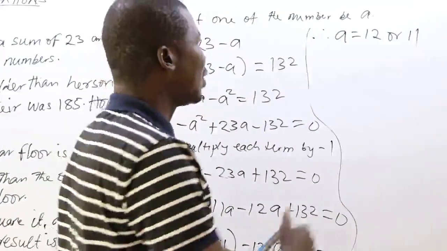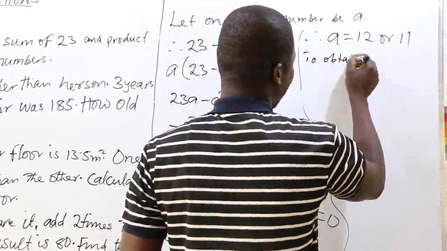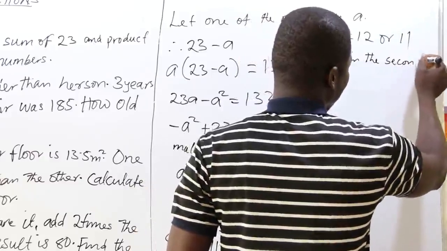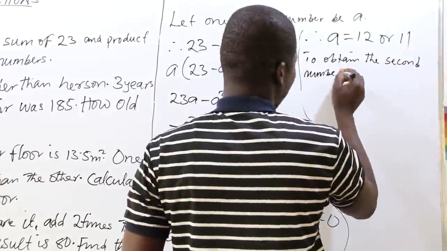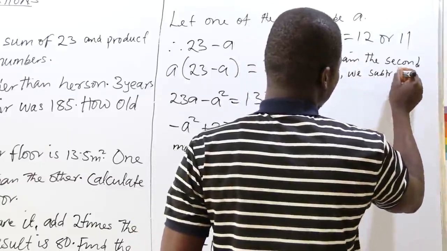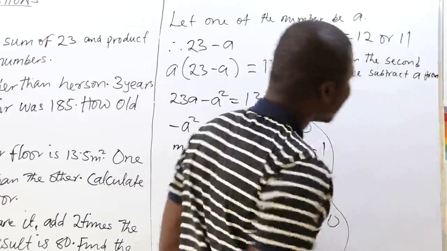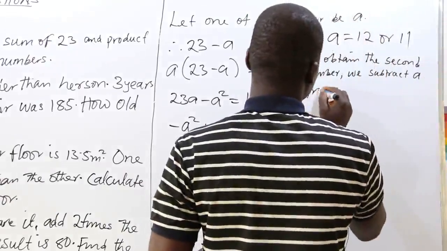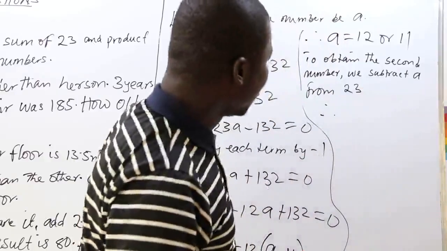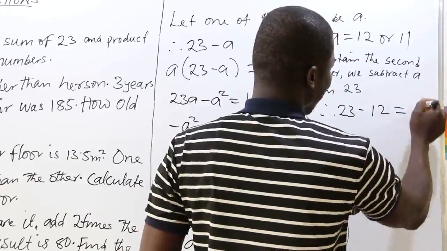So to obtain the second number, we are going to subtract a from 23. Therefore, 23 minus 12 is equal to 11.